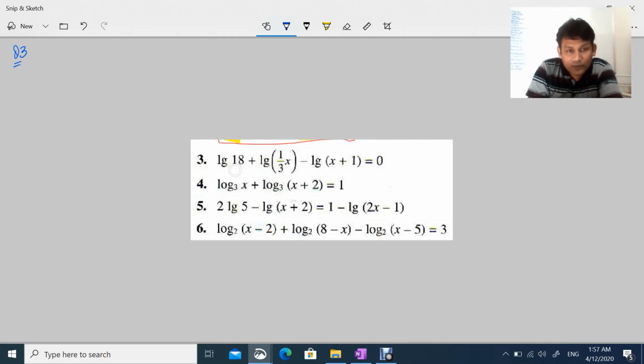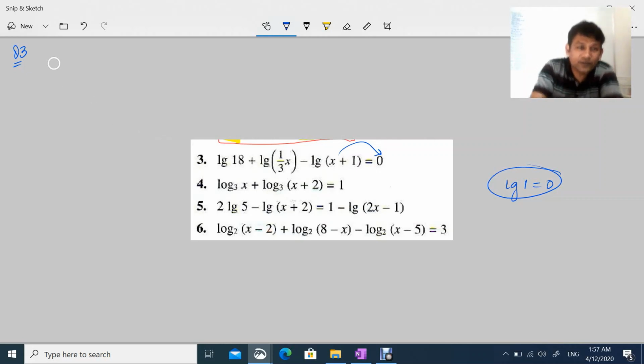We have two possibilities here. When I want 0 and I want lg, lg of 1 is always equal to 0. I can also write lg 1 here, but when I shift the negative to the right hand side, that is easy, I think. lg 18 plus lg 1 upon 3x is equal to lg x plus 1.